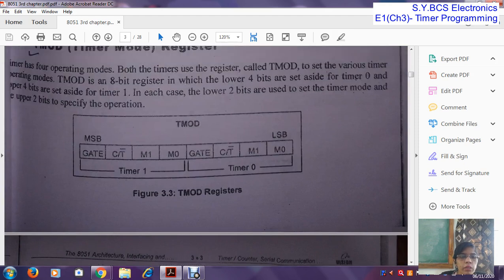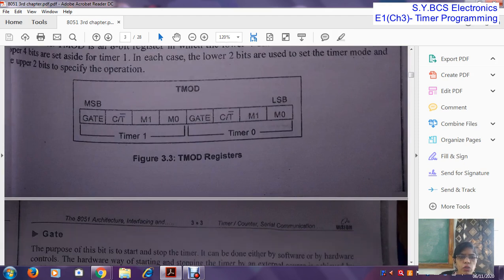Here, for the GATE bit, in the 8051 microcontroller we use the software method to start and stop the timer. The function of the GATE bit is to start and stop the timer, and it is done by either hardware or software.